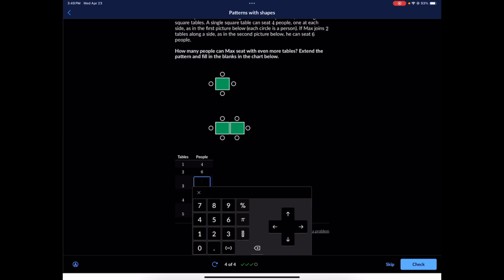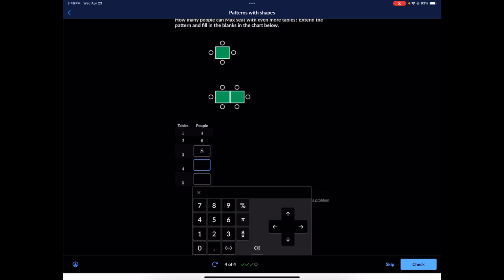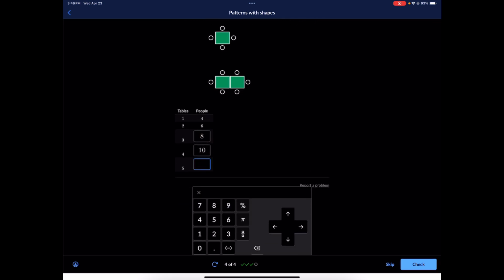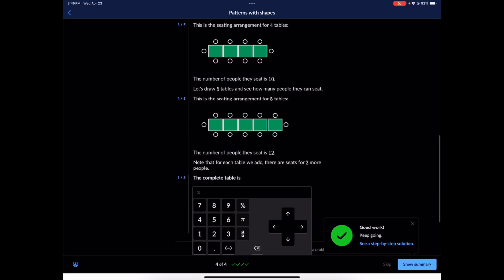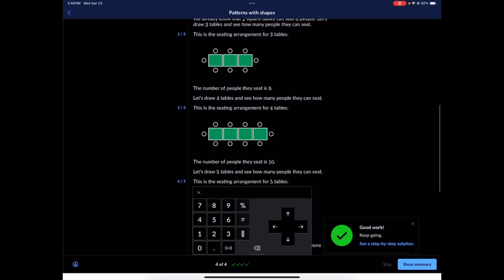We just said that there are 8 people. 4, we add 2, which is 10, and then 5, we add 2 again. What will this be? 12. Good job applying the rule of adding 2 to each one. Let's check our answer. And then, yep, we add 2 each time.